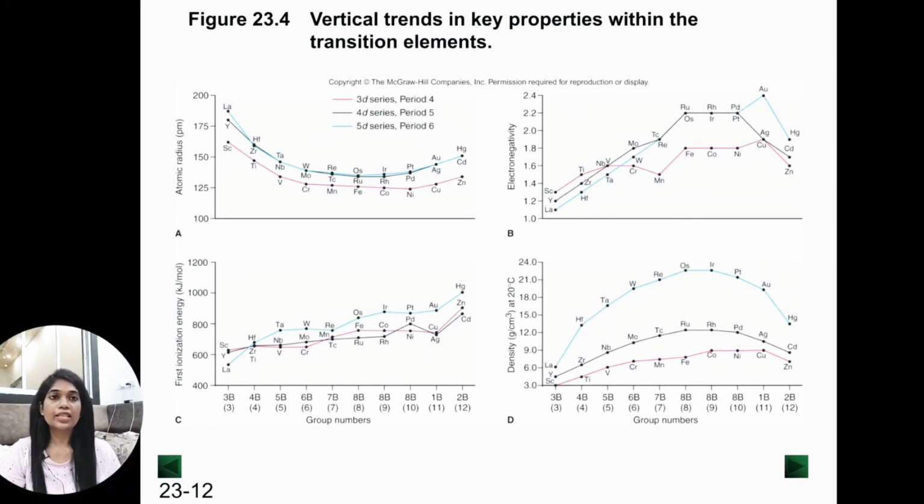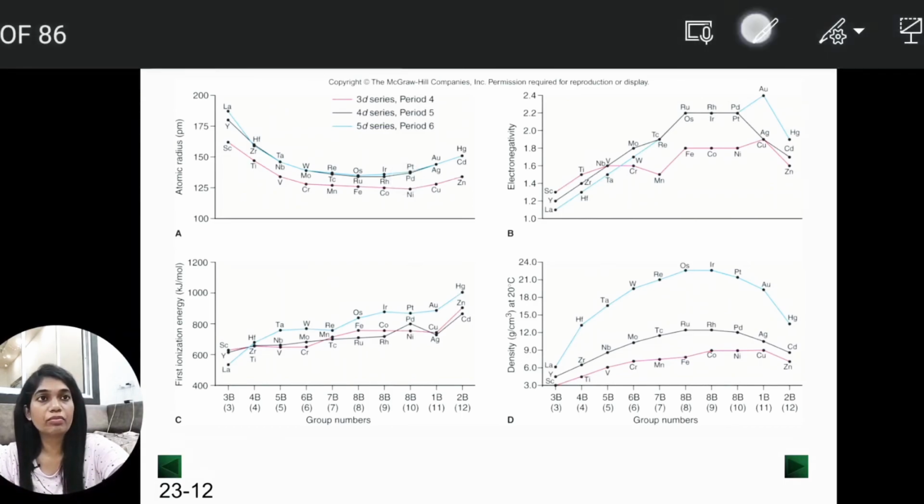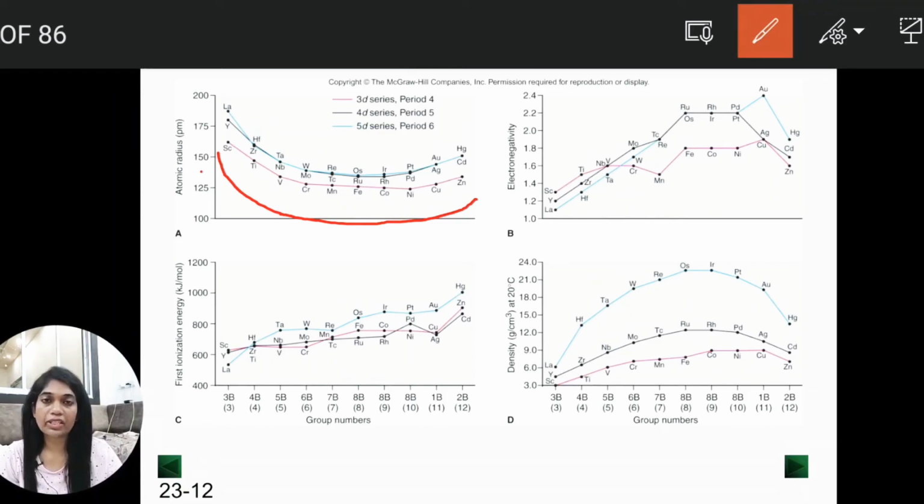Now you can see the atomic radius, electronegativity and first ionization energy of the 3d, 4d and 5d series in this graph. Firstly, the atomic size or atomic radius first decreases and then increases. Also, you can see that there is a fluctuation in electronegativity in this chart.